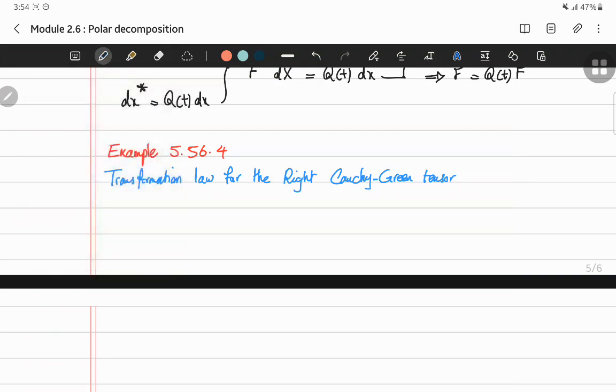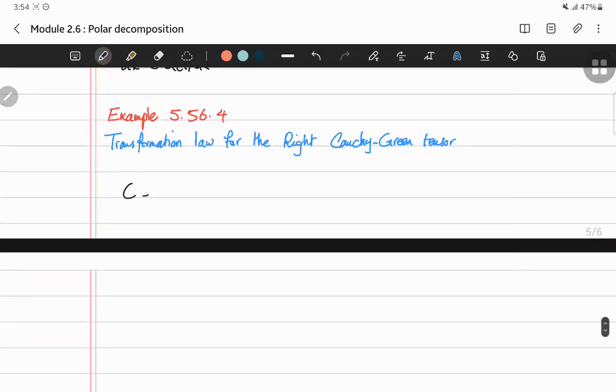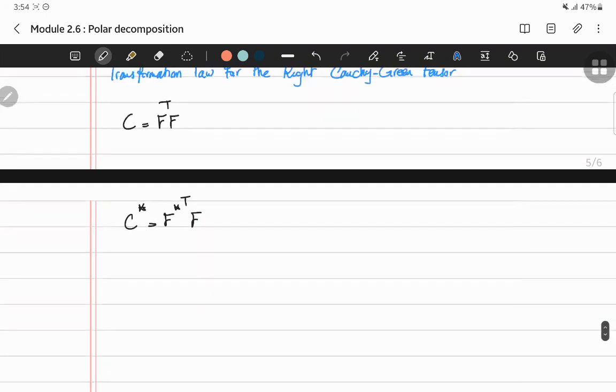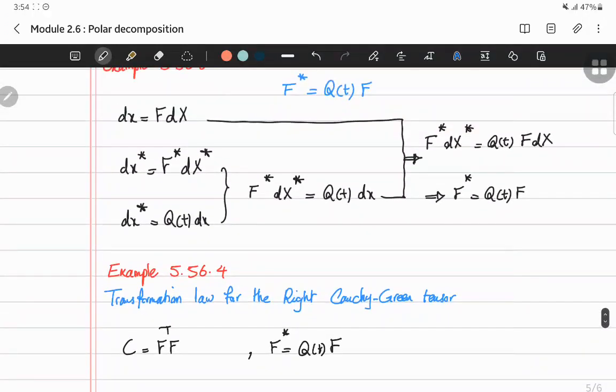So the right Cauchy-Green tensor was F transpose F, and in another frame it is F star transpose F star, where we know that F star is QF from this example here.